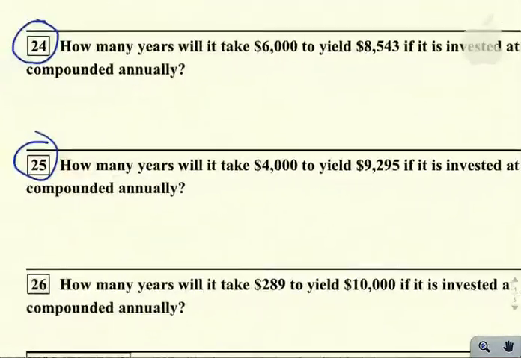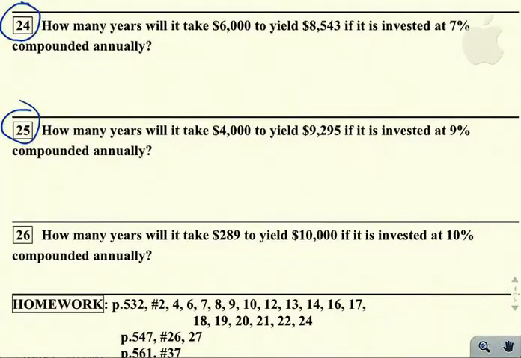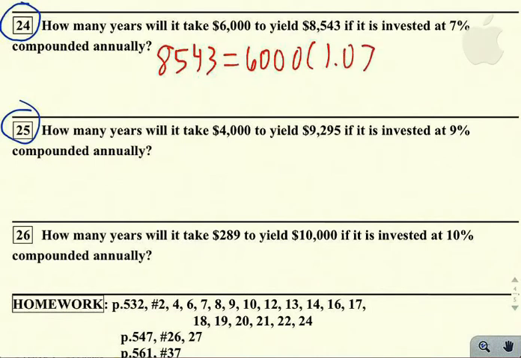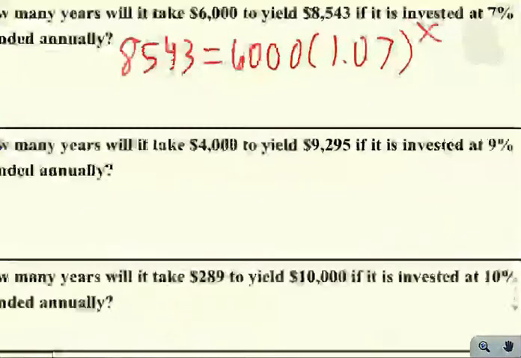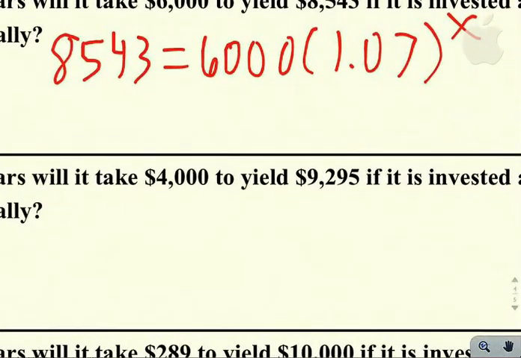Number 24. Here, we know that A is 8,543, and the principal is 6,000. And it'd be times 1.07 to the unknown number of years. Well, we need to solve this. So divide both sides by 6,000.